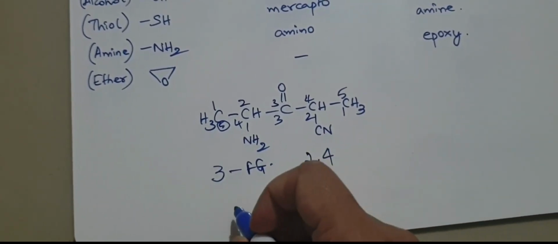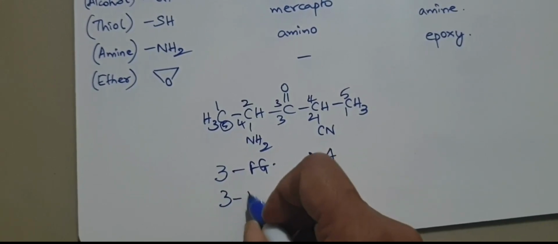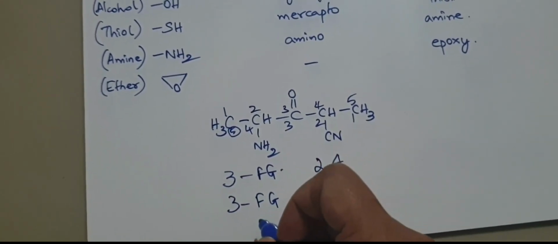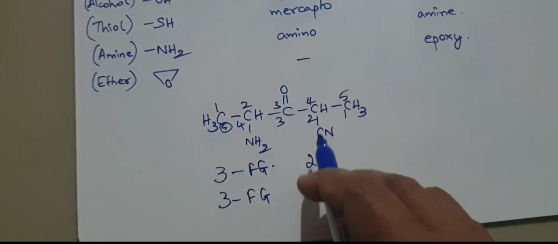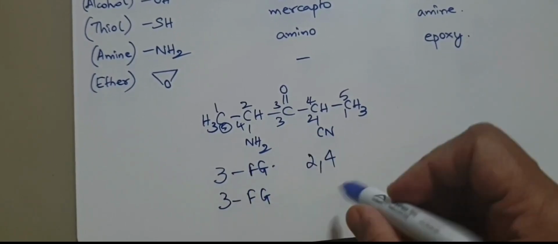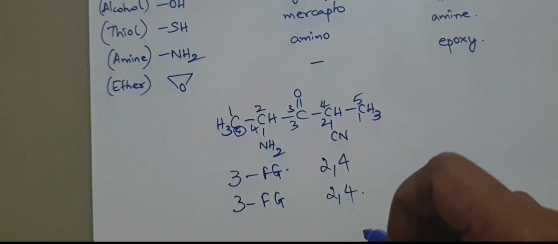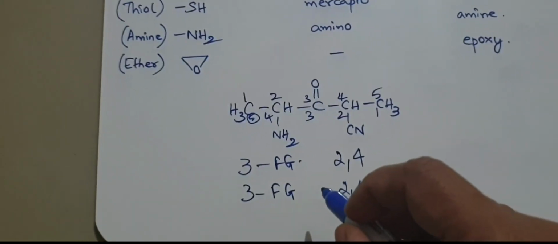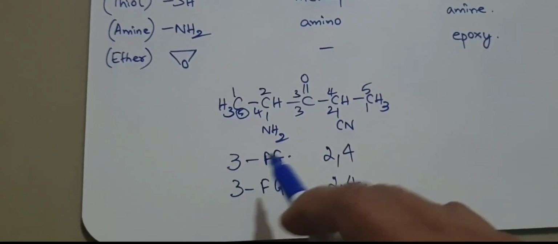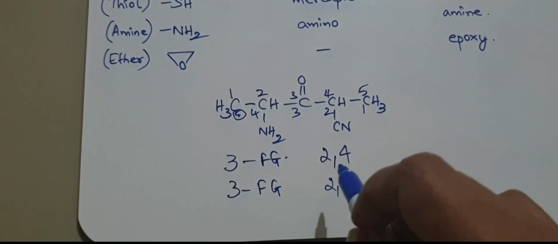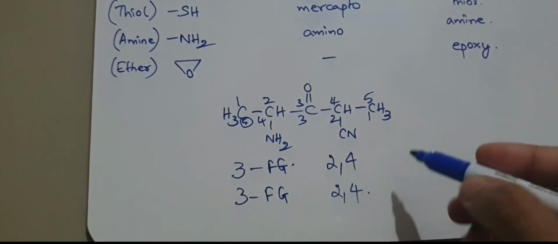From the right hand side, if you number, again you are going to get 3 for the functional group, whereas for the cyano and amino you are again going to get 2 and 4. Now we have a confusion because the functional group and the substituents are getting the same numbers.